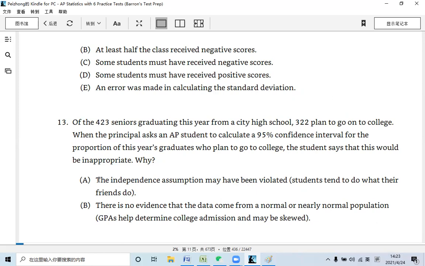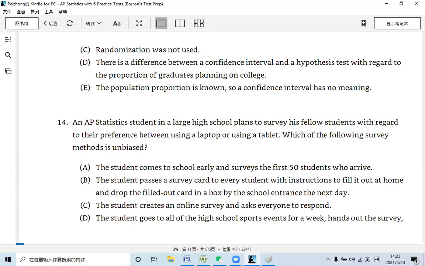There's no evidence that data come from a normal or nearly normal population. Randomization was not used. Yeah, D is obviously not a good answer.